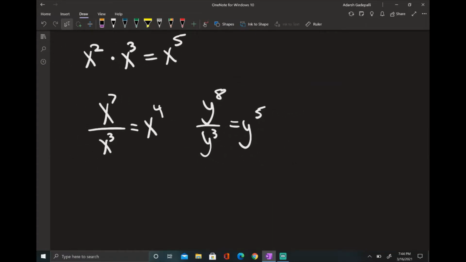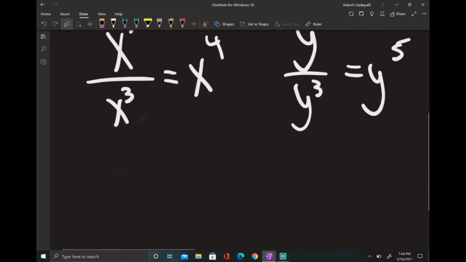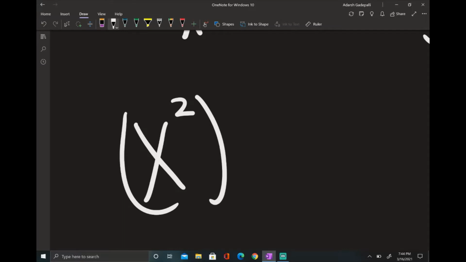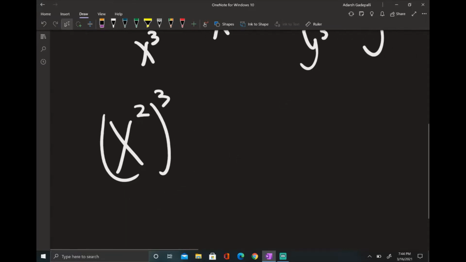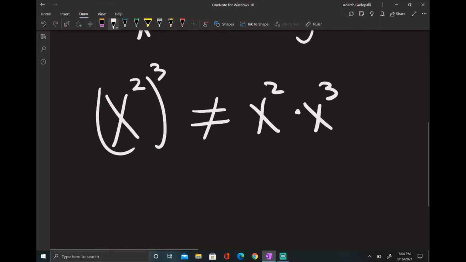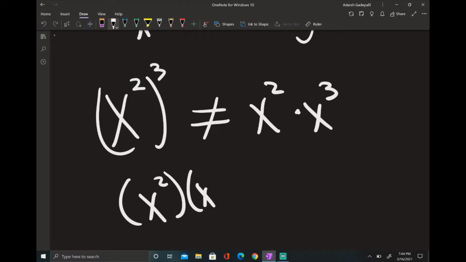If we had parentheses, let's say x squared to the third, this is not the same thing as x squared times x cubed. This is the same thing as x squared times x squared times x squared, because that's what cubed is.